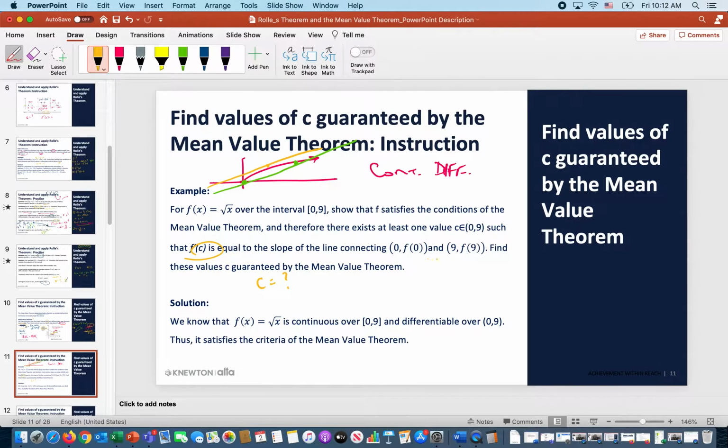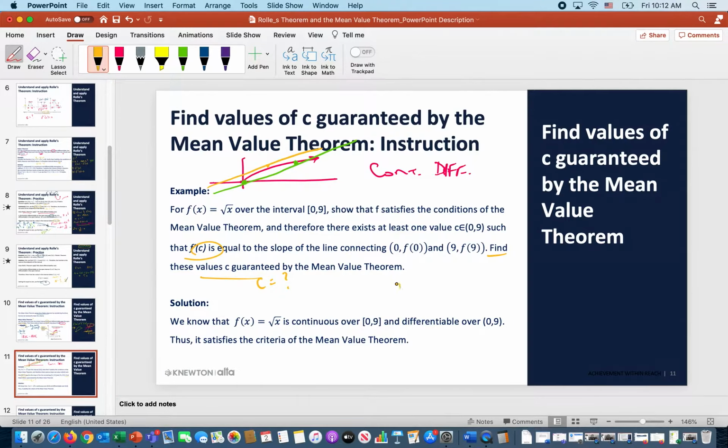In this case, it says, find the values guaranteed by the mean value theorem. So we've already said that the mean value theorem applies because this is continuous and differentiable. If you plug in 0 for x, you get 0. And if you plug in 9 for x, you get the square root of 9, or 3. Notice that f of 0 does not equal f of 9.